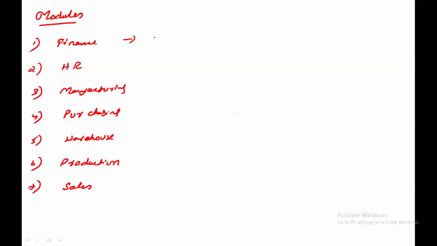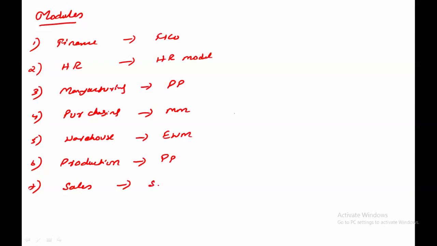They named finance as FICO, which is finance and controlling; HR as the HR module; manufacturing and production as production planning; purchasing as materials management; warehouse as EWM; and sales as SD.